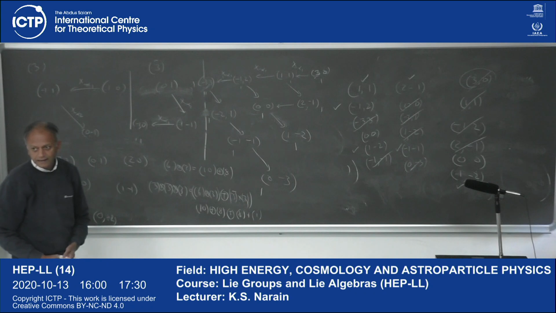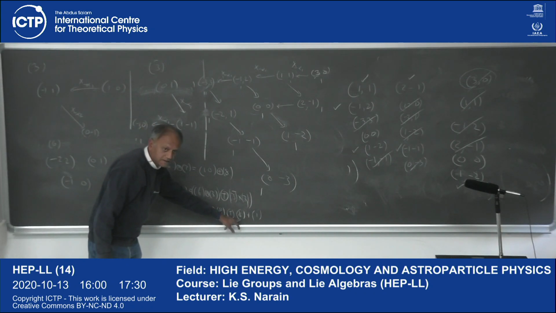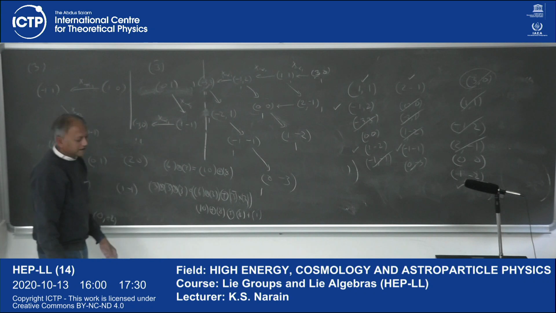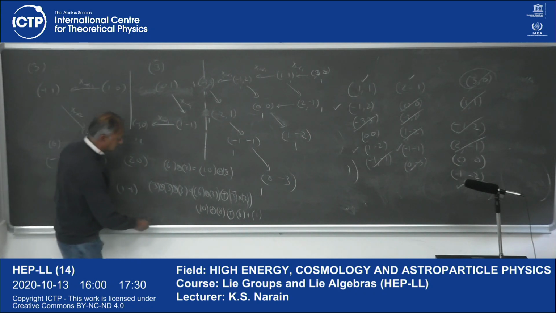So this is the content. So one 10-dimensional representation, 2 adjoint representations, and 1 singlet. And if you add that up, it's 27, of course. I mean, that means we didn't miss. It's very easy to make mistakes. But okay, this works out correct.